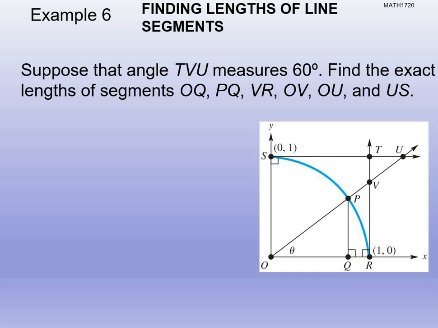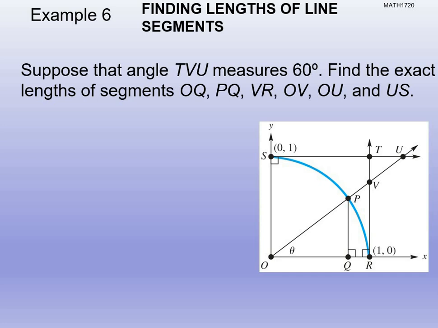Well, we have to look at two things here. Notice that the ray SU is parallel to the ray OS. That tells me that OU is a transversal. And we have SO and TR as parallel lines. So essentially TVU and SOV, or SOU, whichever one you want to call it, they're corresponding angles.